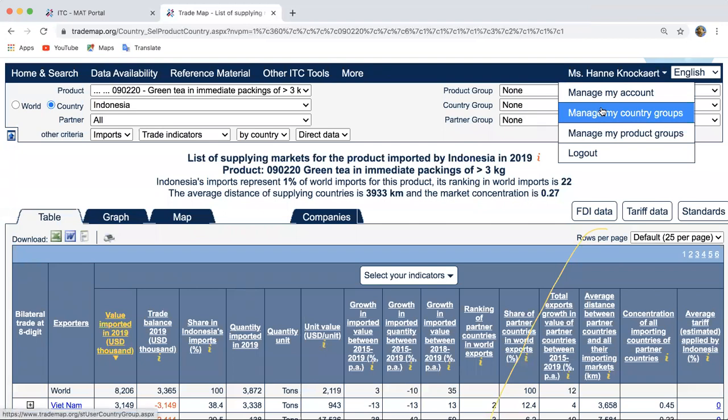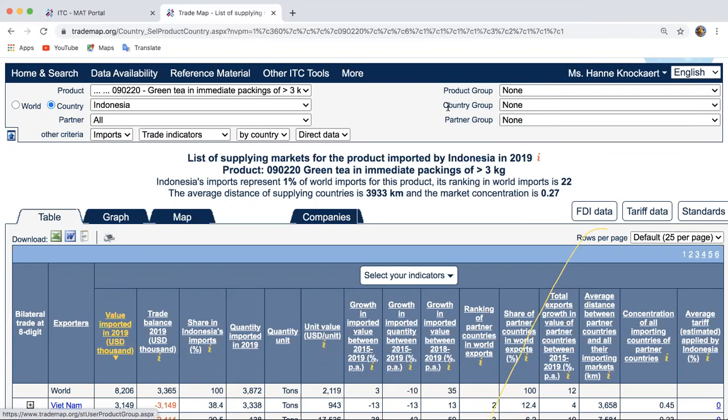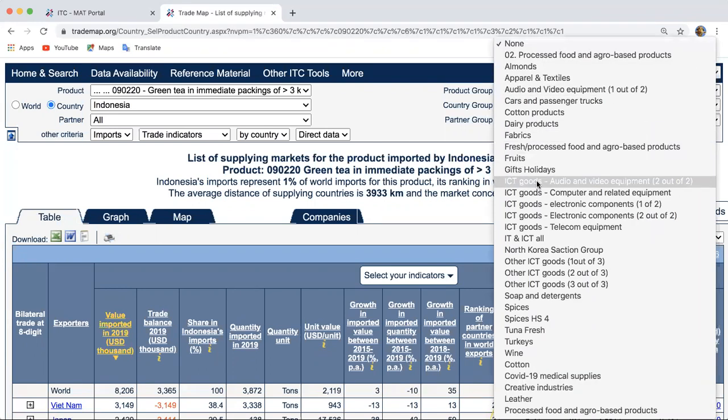Here, next to your account, you can actually manage my country groups and product groups. So you see here, product group, country group, partner group. You can find a list of predefined product groups already. I think I created these ones myself 4 years ago. This is a list of ICT goods because I was interested in analyzing what happened in the global market for ICT products.